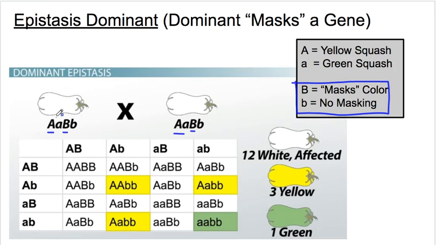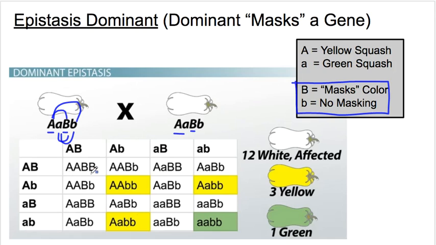Then we do the cross, and just like before, when you're doing big A, big B, big A, little b, the rule applies just like when you're setting up the Punnett square. We foil the one parent, we foil the other parent, and then we bring the genes together.